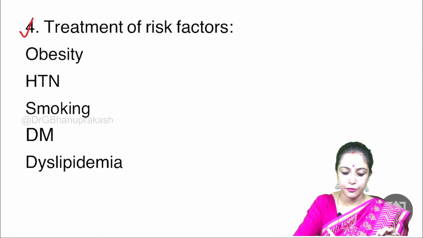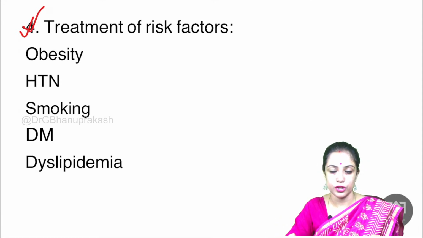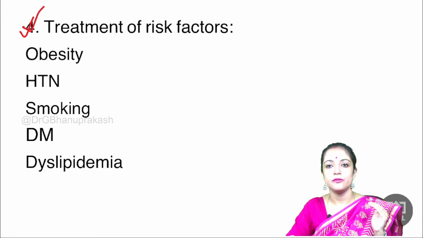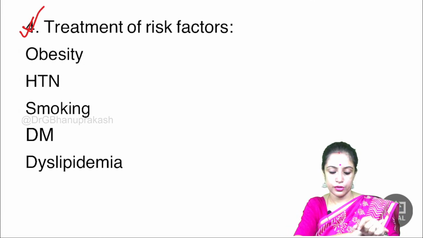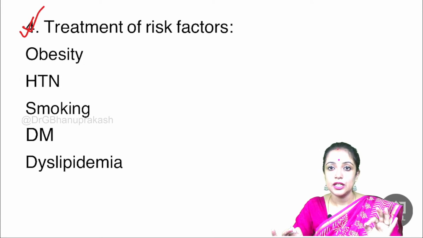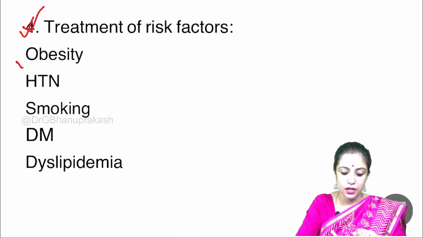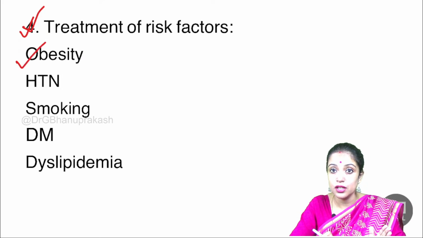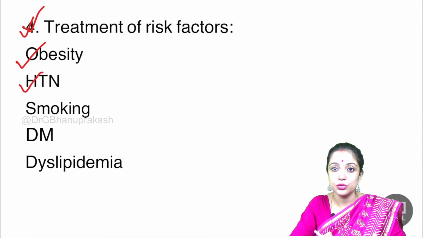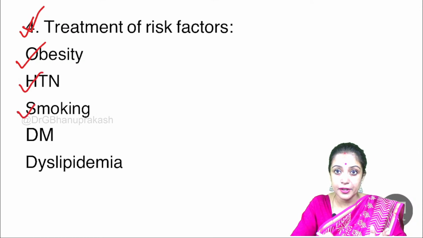Treatment of risk factors, again very important. We need to identify the risk factors. As I said, we need to investigate the patient and find out what the risk factors are for the development of coronary artery disease. We need to treat those. We need to treat obesity, treat hypertension. The patient should be asked to stop smoking.